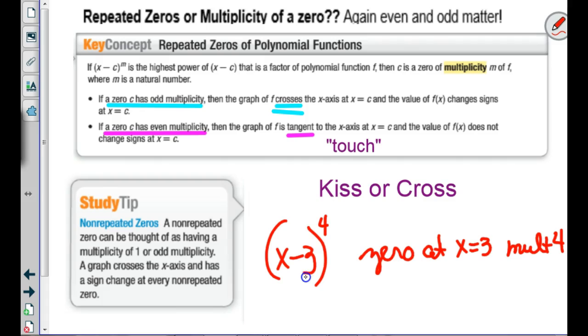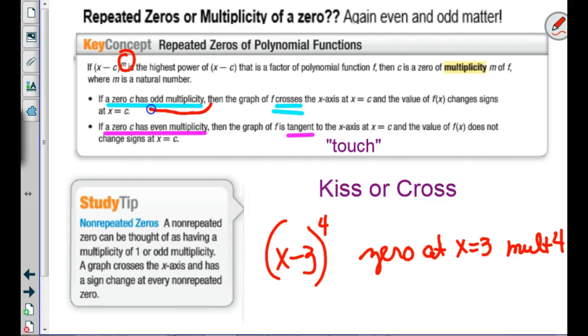What that means, if it's an even multiplicity, the graph doesn't actually cross there. If it's an odd multiplicity, it does cross. It does actually go through that point. Do some of you remember this from last year? So when you have a zero, the degree up here of the zero is called the multiplicity.